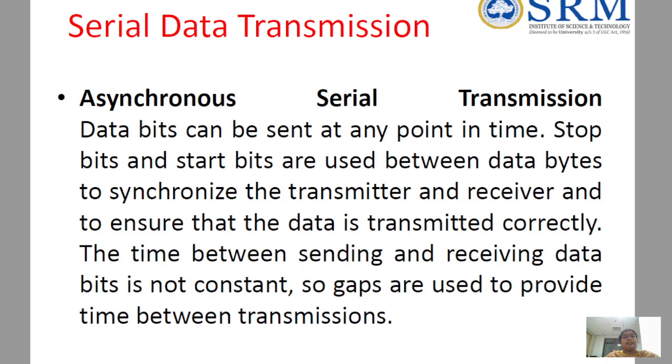So next one is asynchronous serial data transmission. The data bits can be sent at any point in time. The start bits and stop bits are used between data bytes to synchronize the transmitter and the receiver to ensure that the data is transmitted correctly. The time between sending and receiving data bits is not constant, so gaps are used to provide time between transmissions.